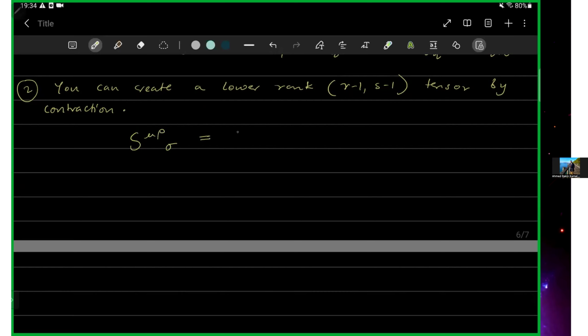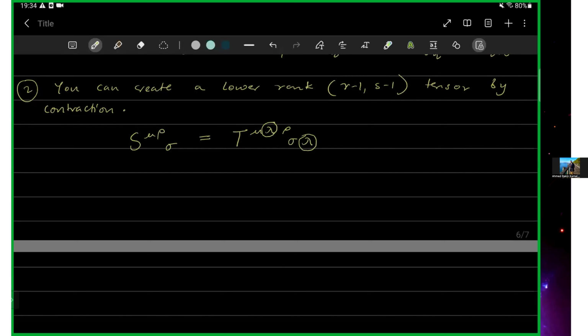And you can define it by having the same index upstairs and downstairs. So what I have over here is a lambda upstairs and a lambda downstairs, right? If I have the same index upstairs and downstairs, we call this summing over, okay?